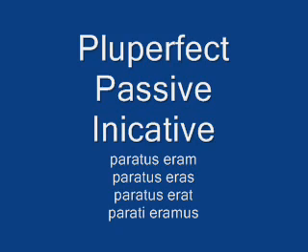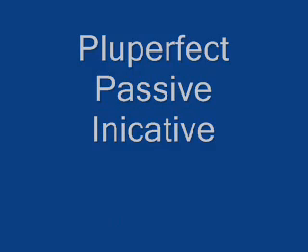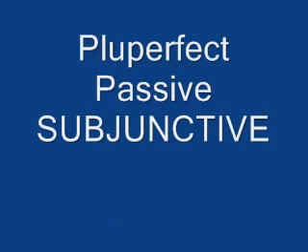There on the bottom of page 199. The translation, of course, is I had been prepared, you had been prepared, he had been prepared, etc. Had been prepared. Okay, turn back to page 134, and in the middle of the page, you'll see the morphology of the pluperfect passive subjunctive.